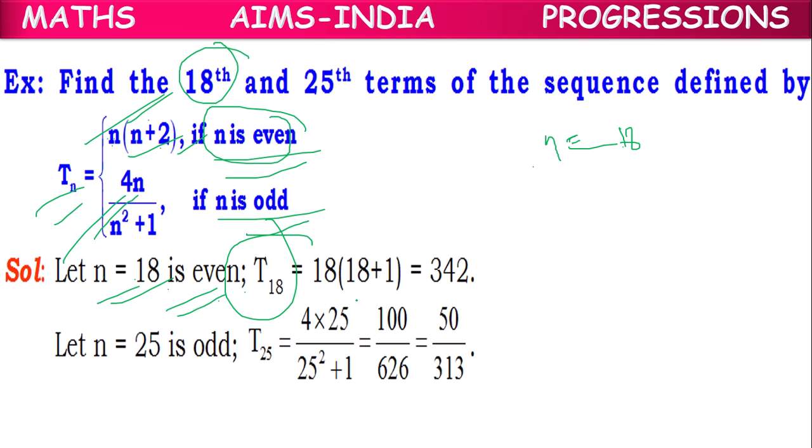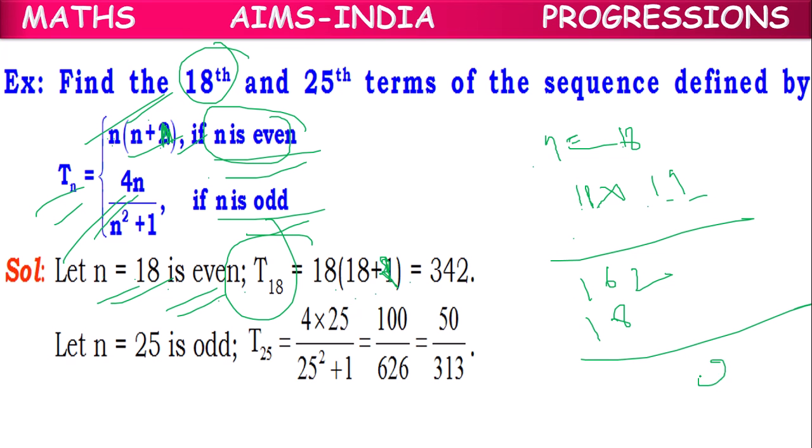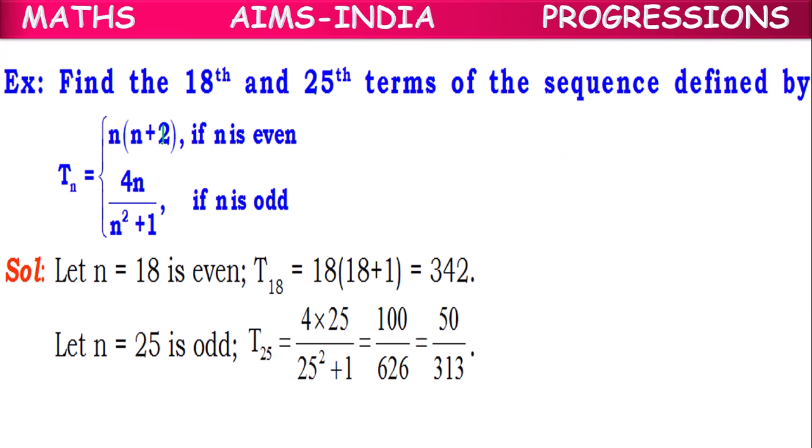So 18 into 18 plus 1. Children, I think it's not 2, it is 1. 18 into 19: 9 eights are 72, 7 remaining; 9 plus 7 is 16; 1 plus 1 is 2. So the answer will be 342. Please note it down and change it to 1, children.